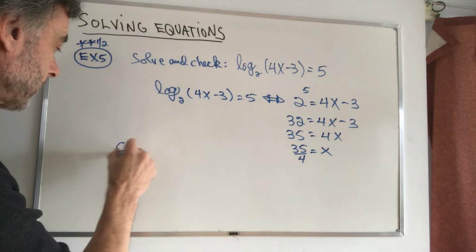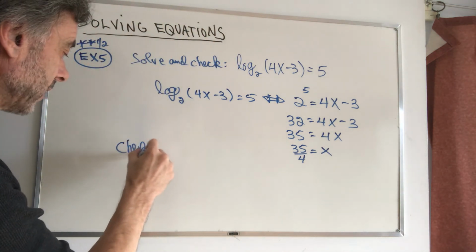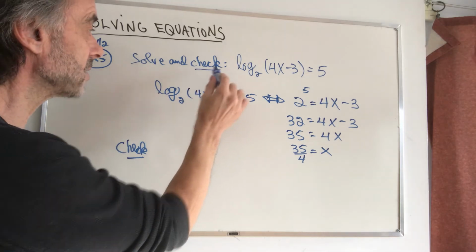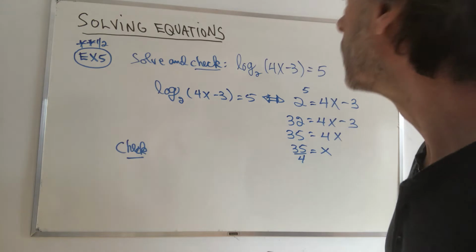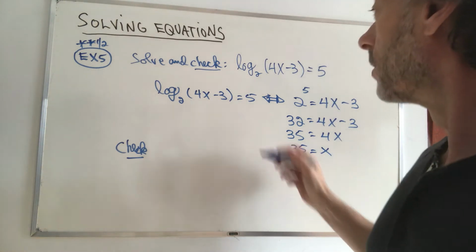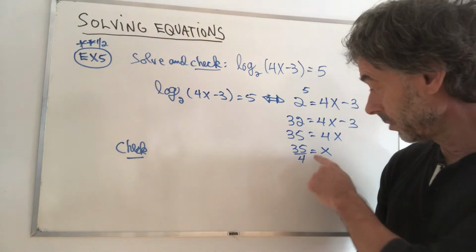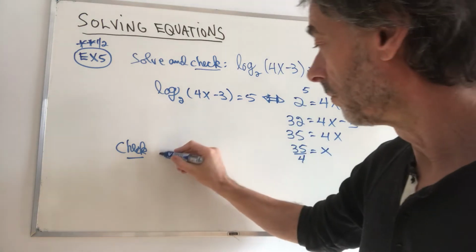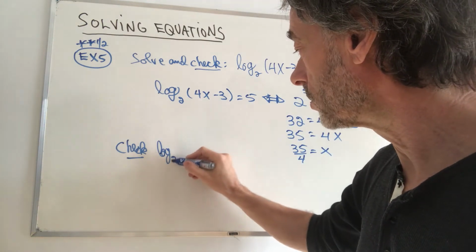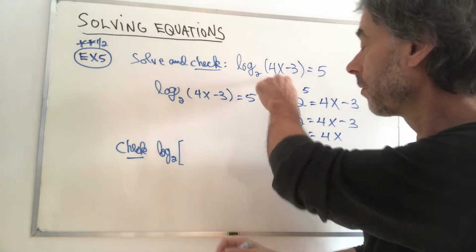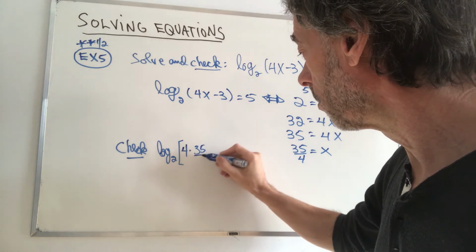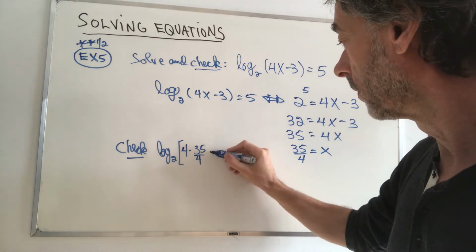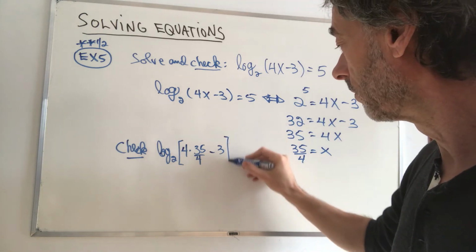Quick check. I have no choice here. It says solve and check. So I have to do the check. It's not optional. So I'm going to replace my answer, 35 over 4, into here. Log base 2 of 4 times 35 over 4 minus 3.